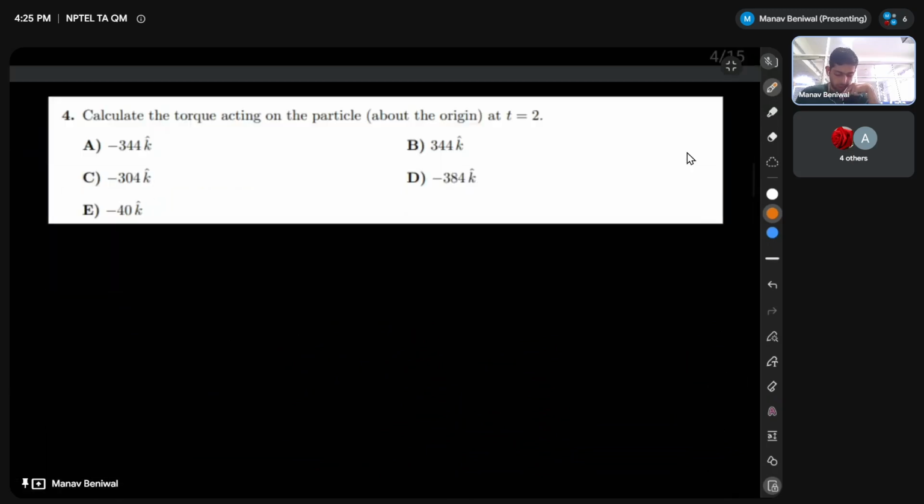Right, so calculate the torque acting on the particle about the origin at t equals 2. Now torque, we know, is given by R cross F, right? So my torque tau is R cross F. So first of all, let me find out F. So my F is, sorry, my F is mass times acceleration.